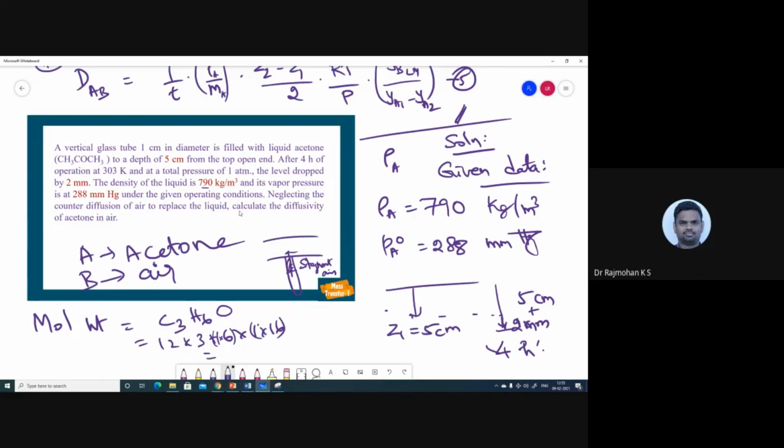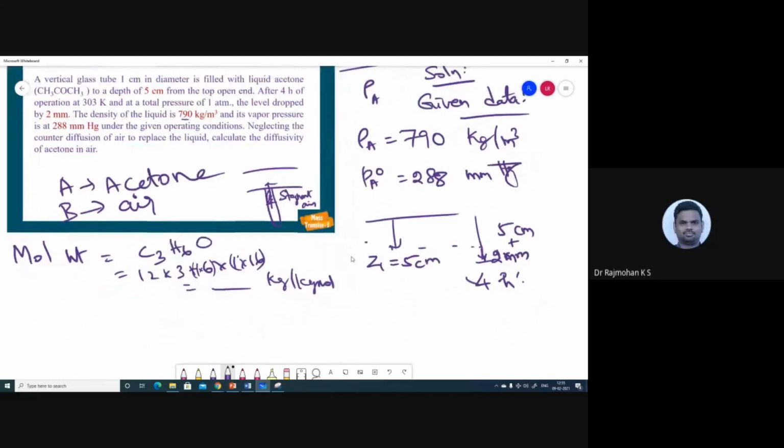So what is the molecular weight? 54, sir? So we have 54 kg per kg mole. Sorry, 58 is correct. Yeah, 58 is the correct value. So we have molecular weight, that is MA.